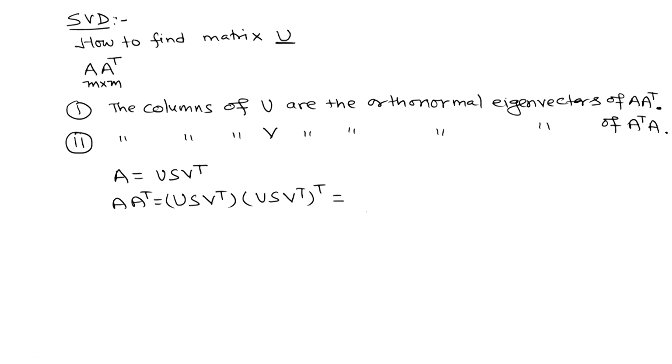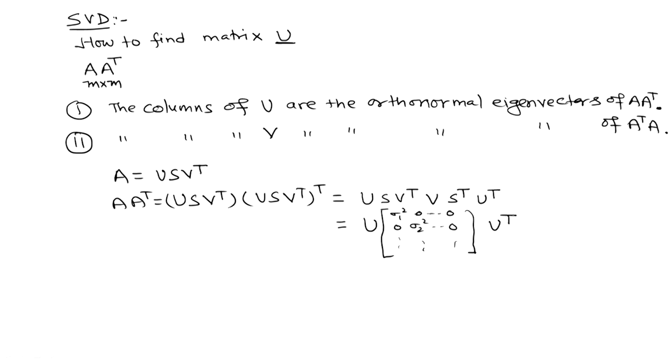So, it comes out to be U S V transpose into V transpose transpose, which will become V S transpose into U transpose. So, this will become U, and it will have a shape like this: sigma 1 square, 0, 0, sigma 2 square, S into S transpose like this, and then U transpose, 0, 0, sigma m square.